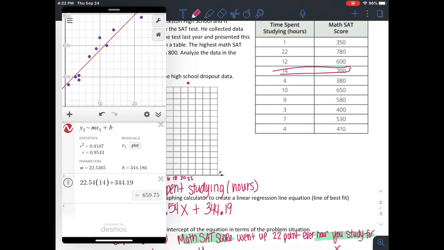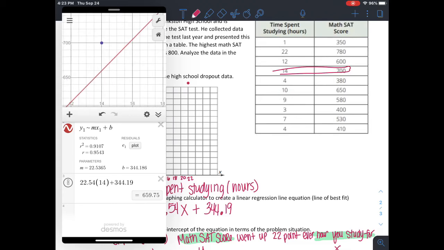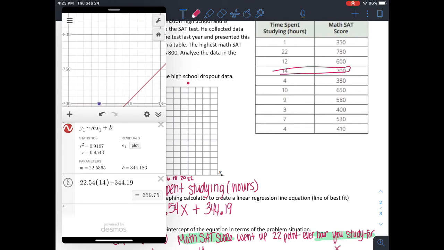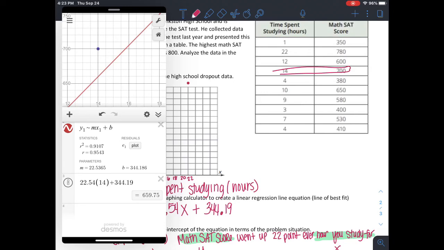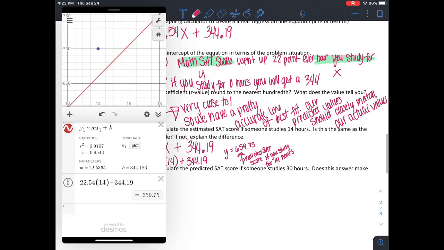There we go. Okay. So at 14 hours, it looks like that point was pretty far off from our line of best fit. See where that 14 is hitting the dot? It was actually pretty far away from the line of best fit. So 14 was not a very accurate point in relationship to this problem.